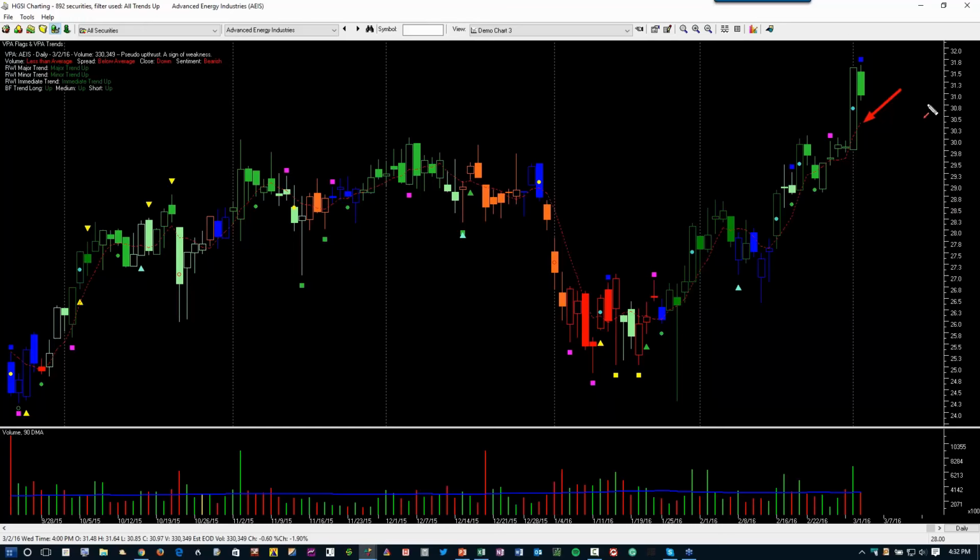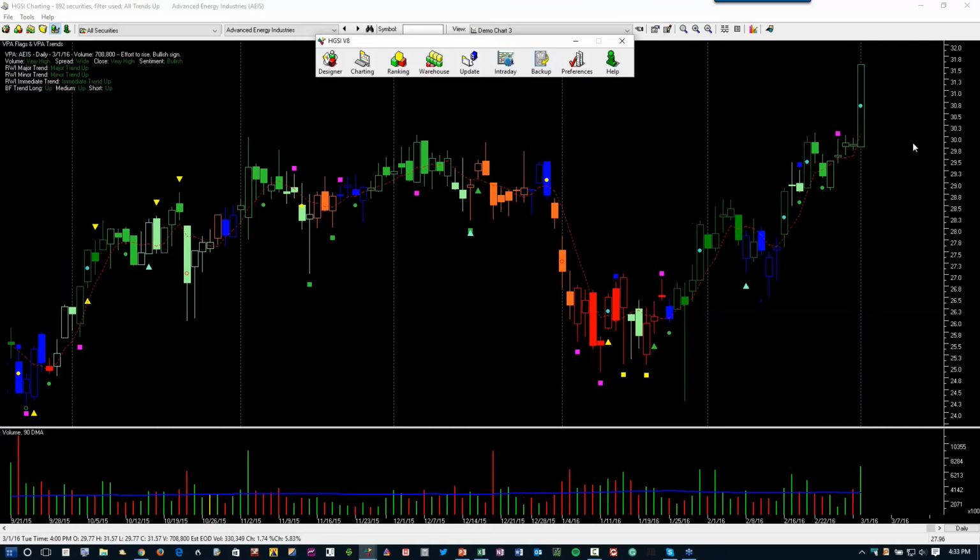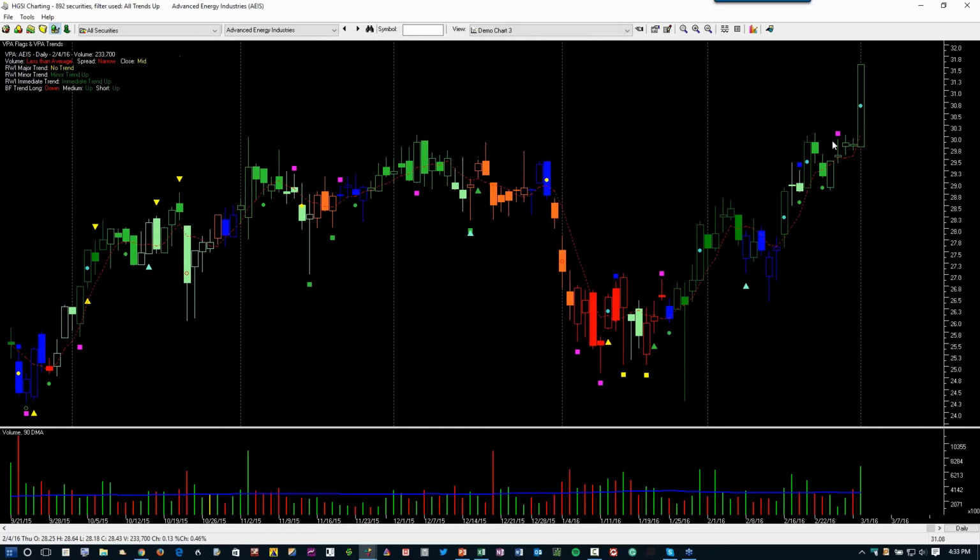And the short-term trend is based upon going from this point. Well, first of all, let me go in here and turn off the intraday, because I don't want today's bar. And if you turn off the intraday, that bar disappears.